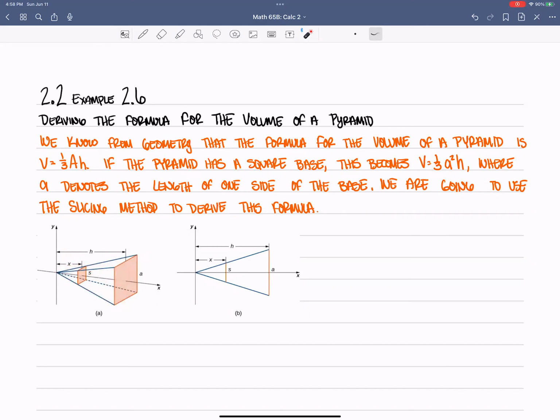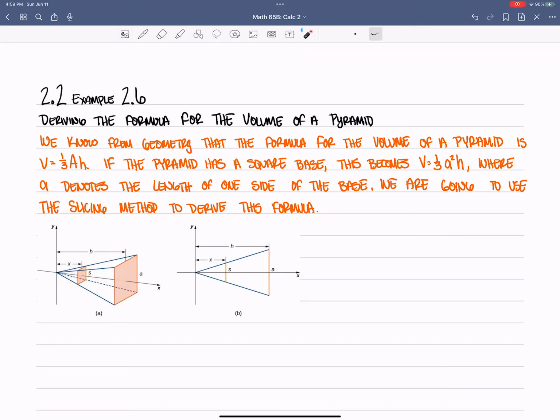A cross section is just us slicing perpendicular to whatever axis we're working with. You can see the cross section is a square, and here is another square proportional to this one, just going a little bit bigger as we keep going forward, just like a pyramid.